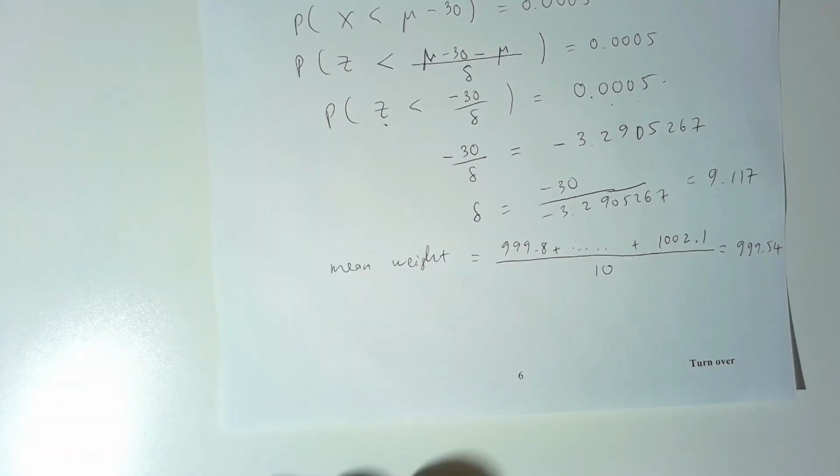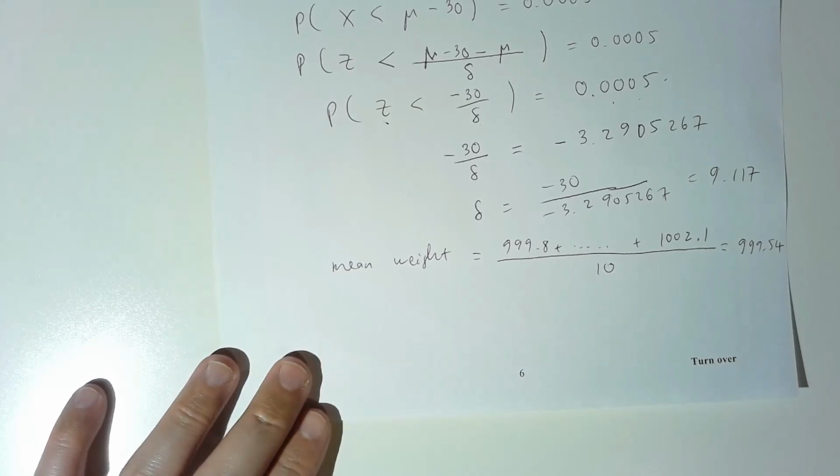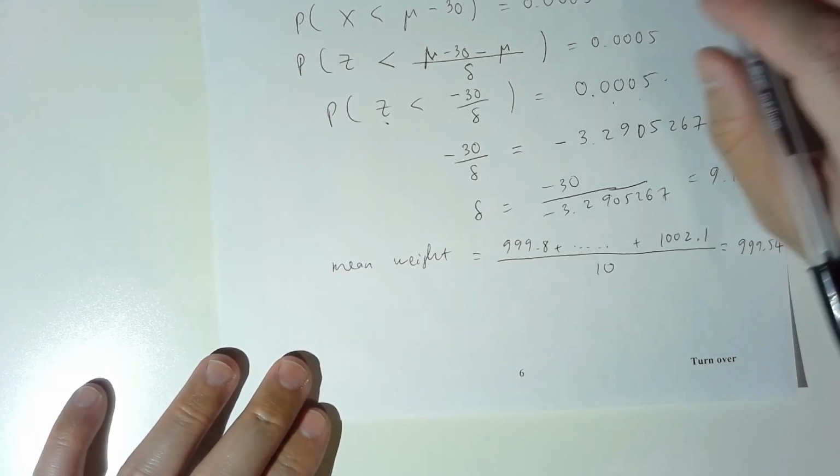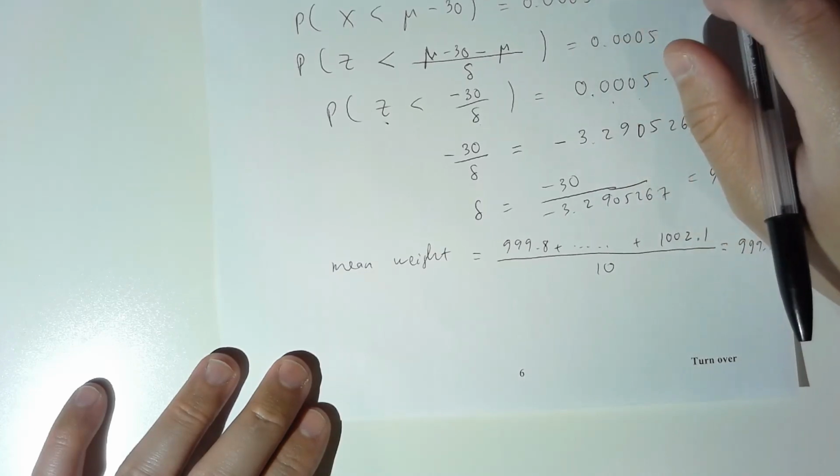We're going to test that now. We're using a 1% significance level, where the machine is delivering less than 1 kilogram.